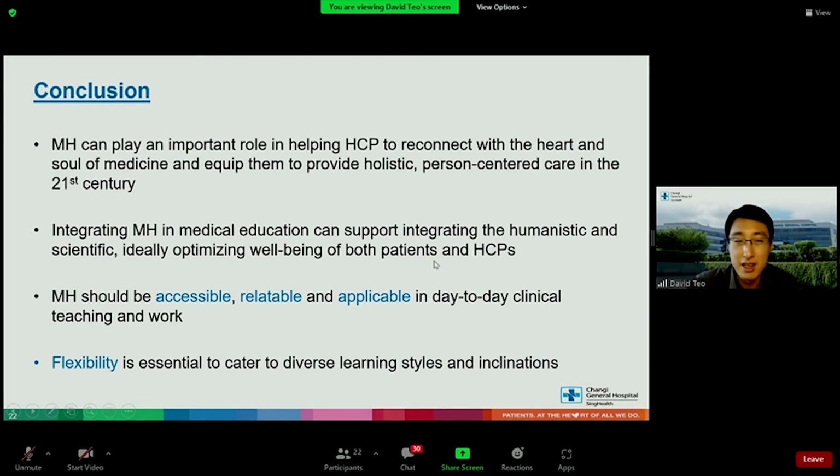And ideally, this would optimize the well-being of both patients and healthcare providers. But as spoken about this morning in the discussions, the medical humanities needs to be relatable, accessible, and applicable in day-to-day clinical teaching and encounters. And to cater to a very diverse audience and needs, flexibility is required.